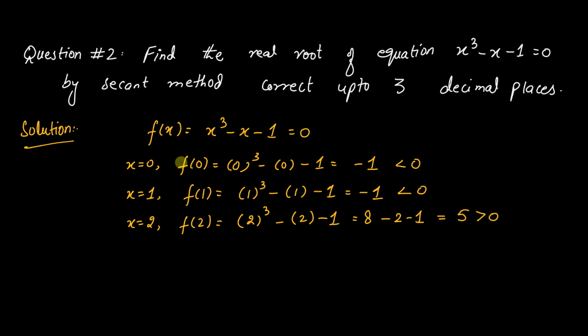Okay, so we have two options, that either we choose an interval 0 to 2 because 0 gives us a negative sign, and 2 gives us a positive sign, so this is a fine interval. Or the second option, that we choose the 1 to 2 interval, that is negative and that is positive. Now, this is the smaller interval, but I just wanted to reduce the size of this interval so that the number of iterations will also be reduced.